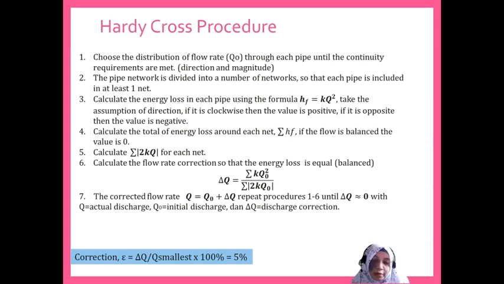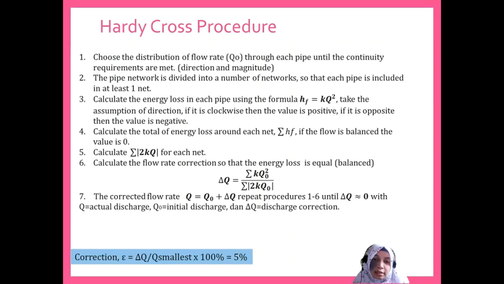Number 5, calculate sigma 2 times K times Q in absolute for each network. Number 6, calculate the flow rate correction so that the energy loss is equal or balanced.